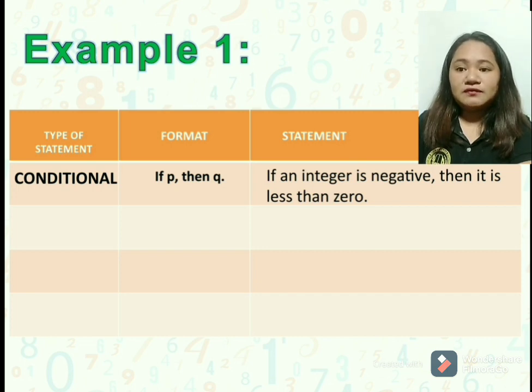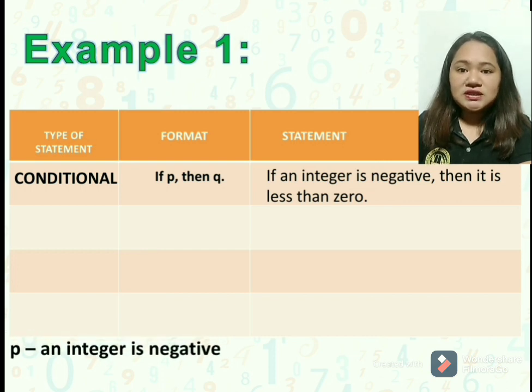The format for the conditional statement is if P, then Q. First, let's identify the hypothesis and the conclusion. P is an integer is negative. Q, it is less than 0.